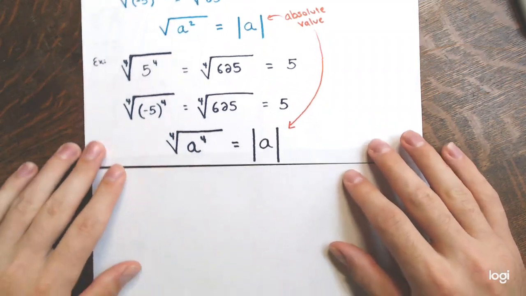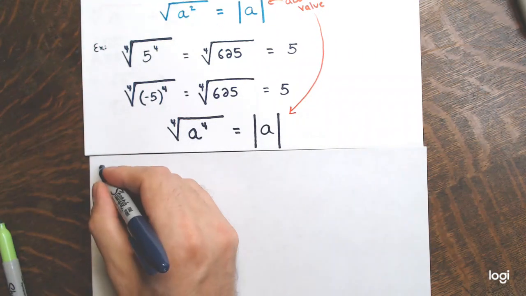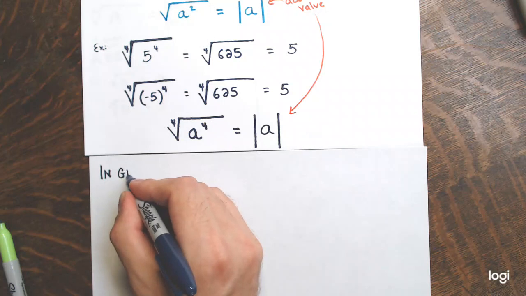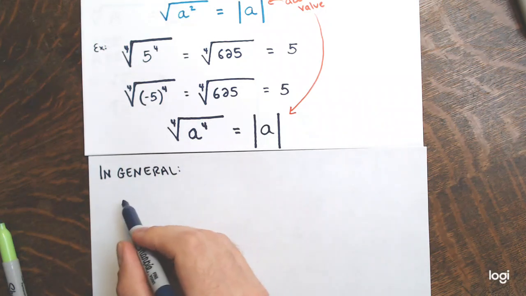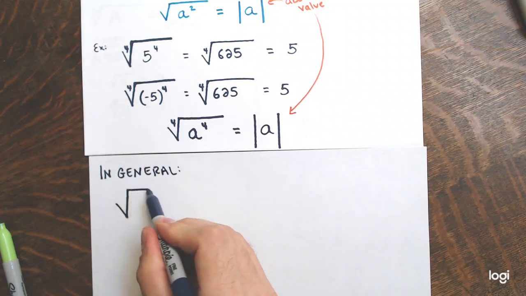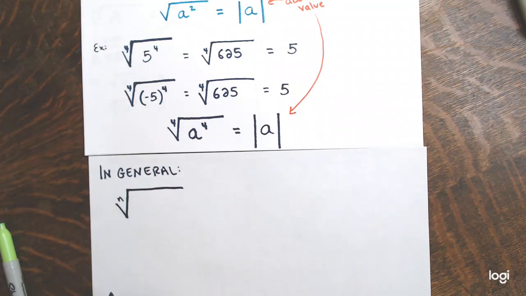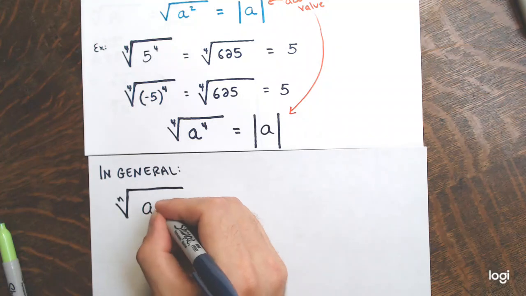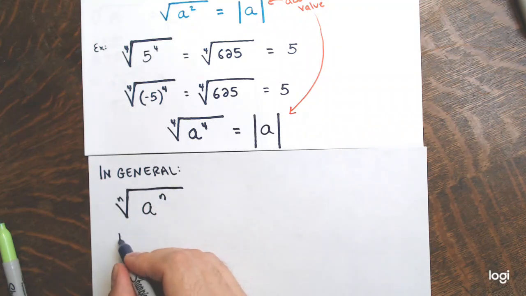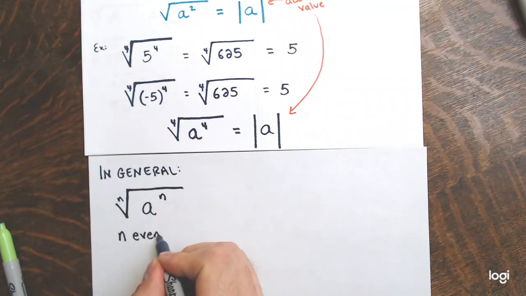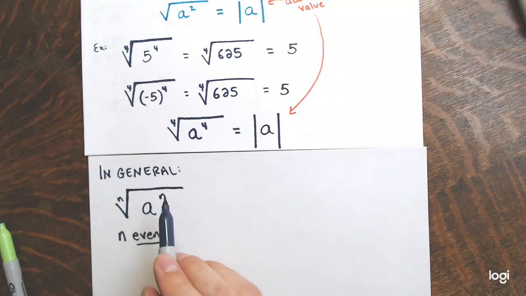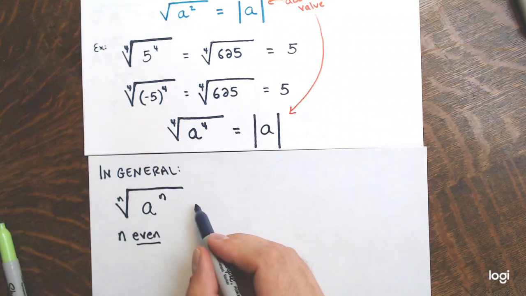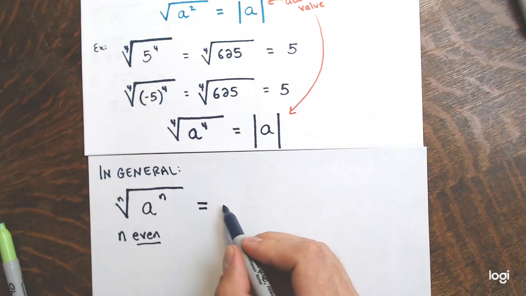So in general, still talking about even roots here, the nth root of some number to the nth power, where n is even. So we're talking square root of something squared, the fourth root of something to the fourth, sixth root of something to the sixth, etc., is not just a.